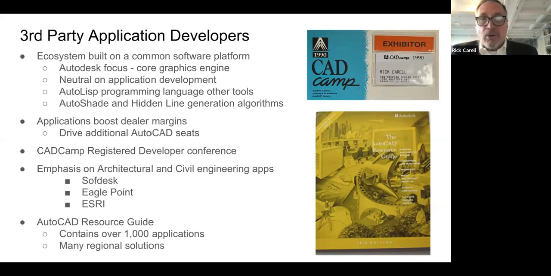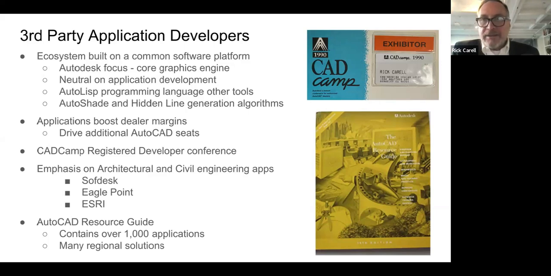So they were focused on the core graphics engine of AutoCAD, and they were neutral on application development. So they gave us things like AutoLisp, which was pretty weak, but you could develop things with it and other tools. From a plant design standpoint, the two breakthrough things that we needed was AutoShade to do rendering, and then hidden line generation, because you couldn't do certain types of drawings like orthos and stuff without hidden line.